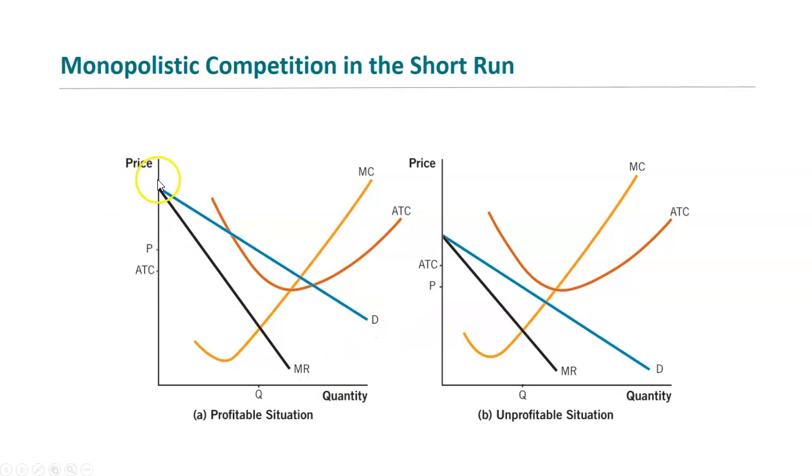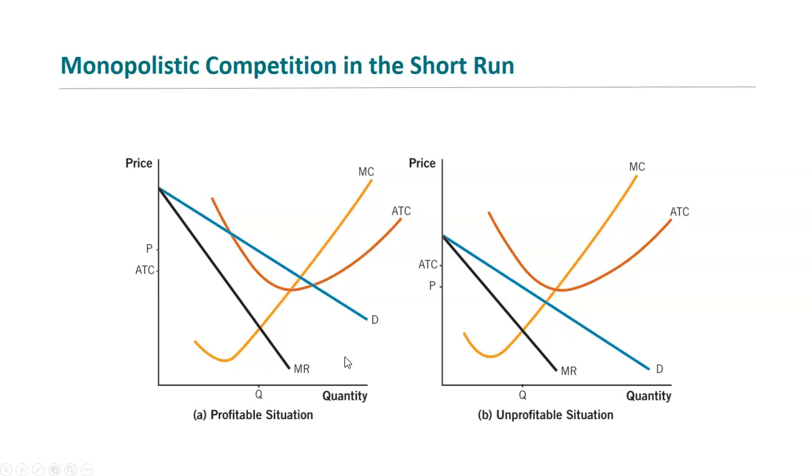The marginal revenue starts at the same place on the vertical axis as the demand curve, and it falls to a point halfway on the horizontal axis to where the demand crosses the horizontal axis. So just like we saw under monopoly. The only difference here is that the demand curve may be slightly flatter than it would be in most monopolies.